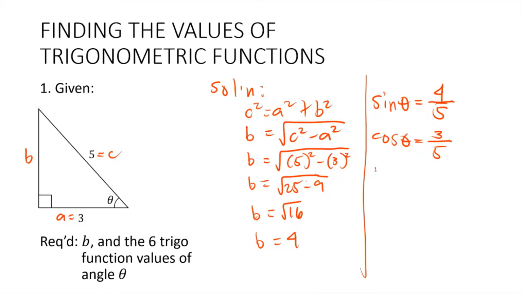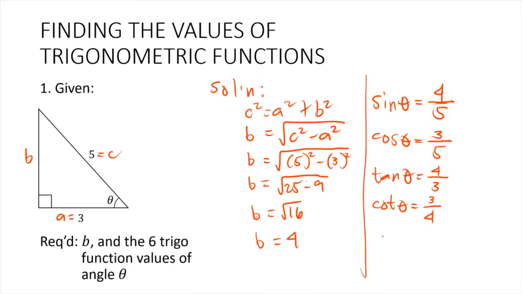Next, we have tangent. This is defined as the ratio between the opposite side and the adjacent side. Opposite again is b. B is 4. So 4 over the adjacent side, which is 3 units. So we have 4/3 for tangent of angle theta. Next, let's solve for cotangent of angle theta. This is just the reciprocal of the tangent value, so 3/4.